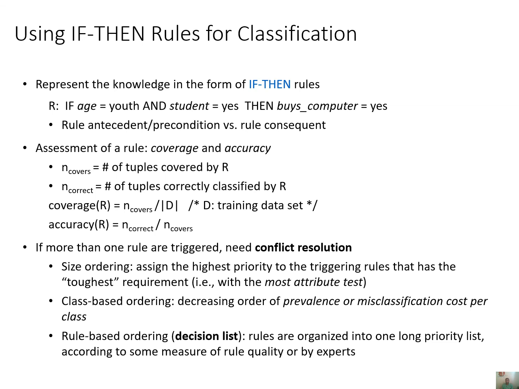So it checks the accuracy: out of the number covered, how many are correct. That is the accuracy of our model, and this allows us to create a very good decision rule that can be used further.